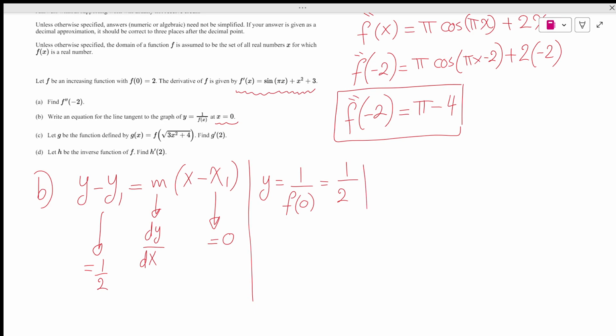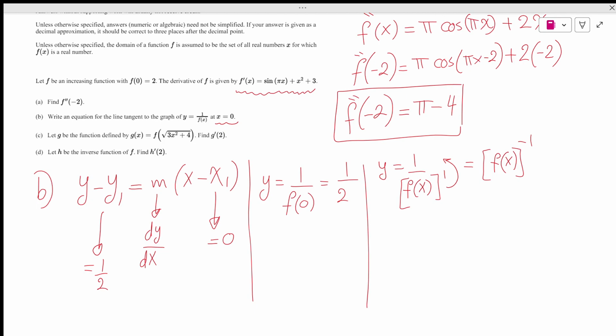The derivative. So to find the derivative, you have y equals 1 over f of x, right? You know that f of x here has a power of 1, right? So we will just move it up. I'm not differentiating yet, I'm just rewriting. So this is equal to f of x all to the power of minus 1.